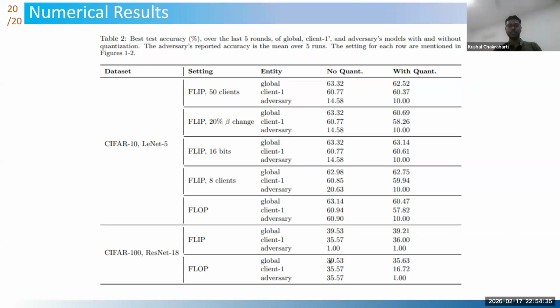And the effect of quantization in case of a smaller variable is also not too much. So for FLOP, you can see that there is almost a 4% drop in utility, but you get a very good amount of protection, which previously was 35, now it is just 1% test accuracy by the adversary.